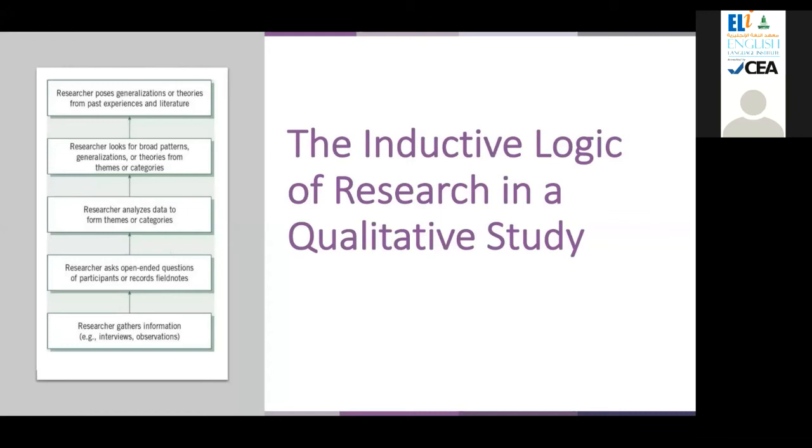Usually the instruments that are used in qualitative research are interviews and observations, where we can have lots of data that we can actually base patterns or certain categorization and themes in relation to the theory of selection.